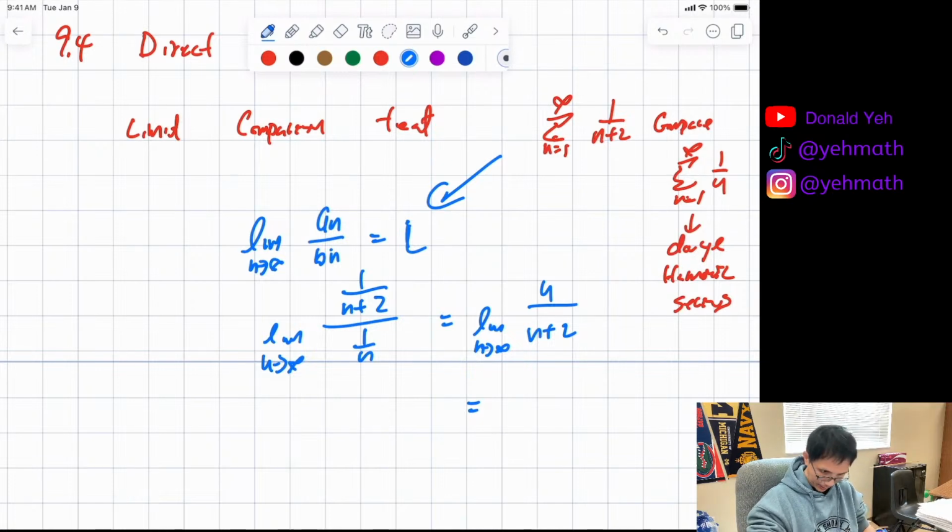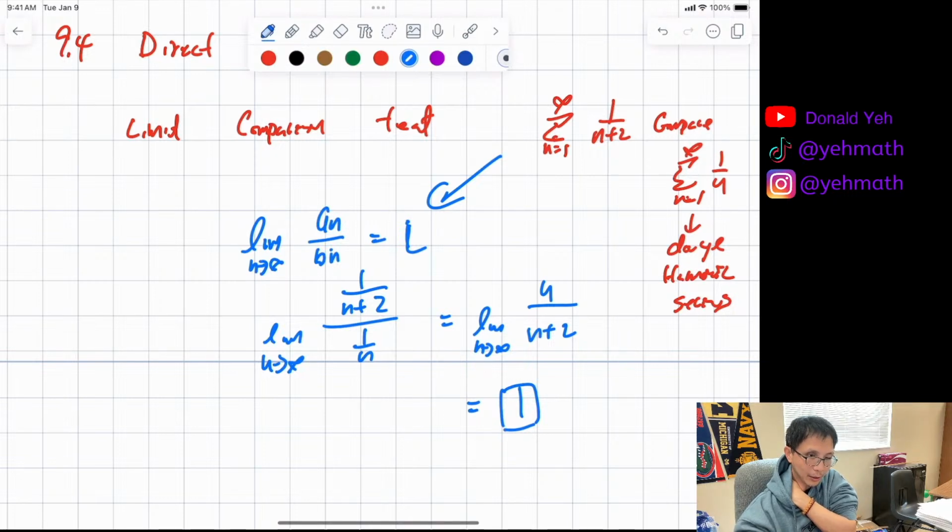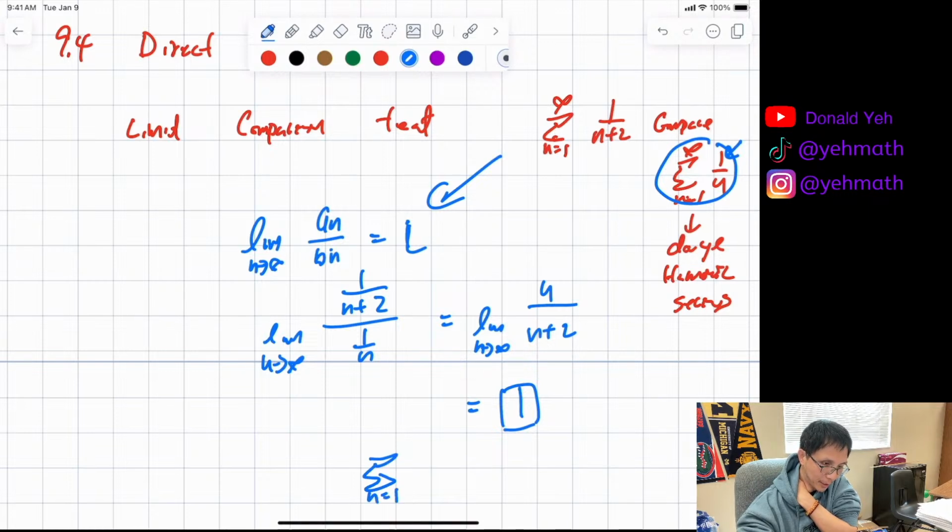Divided by n, it is 1, right? So if it's equal to 1, and the one that you compare with diverges, then this one must diverge as well. So the summation of n equal to 1 to infinity of 1 over n plus 2 diverges.